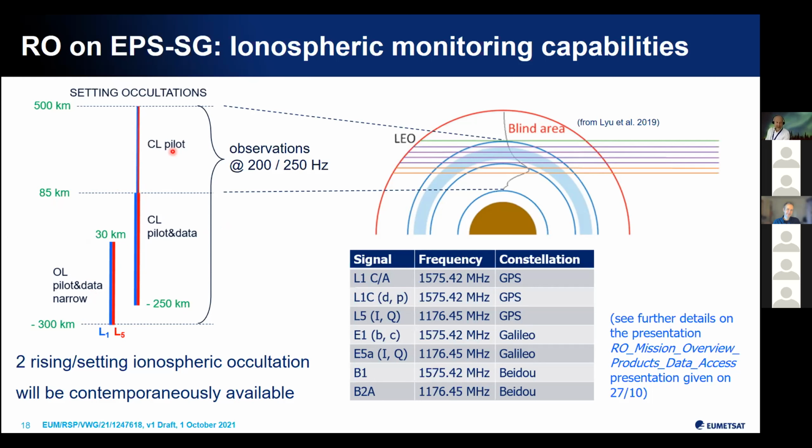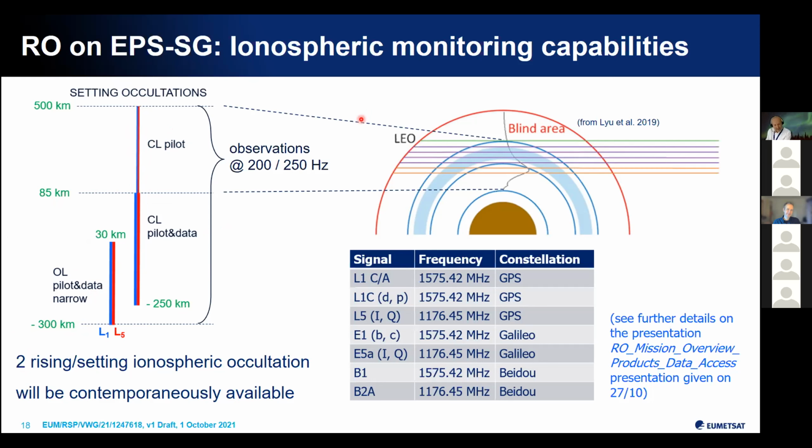This means that by tracking only the pilot component in closed loop, we can provide to the user 2 rising and 2 setting ionospheric occultations contemporaneously. And these occultations are going up to 500 kilometers. This is a limit imposed by the antenna of the radio occultation receiver.